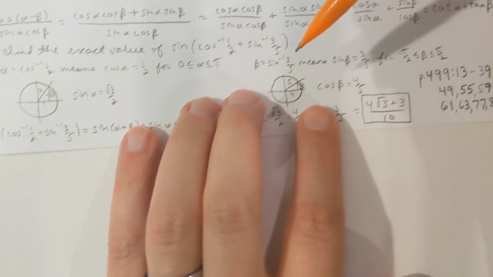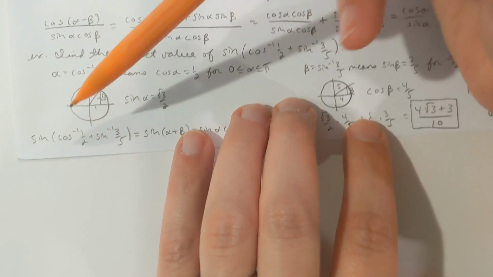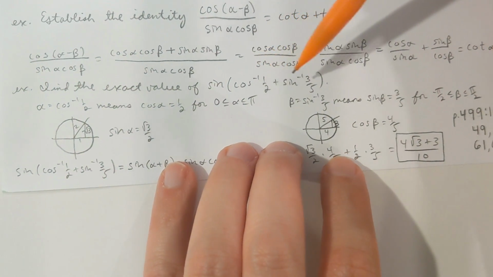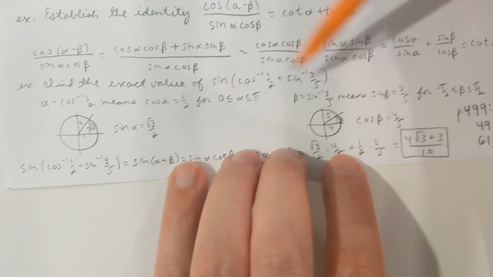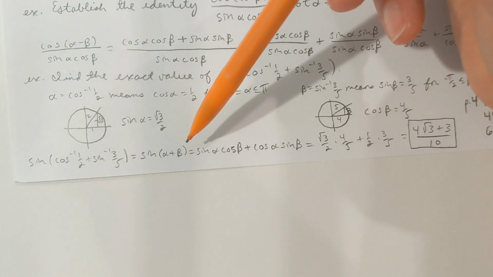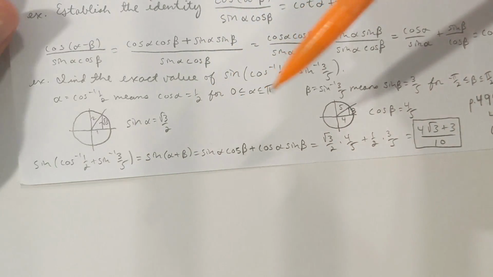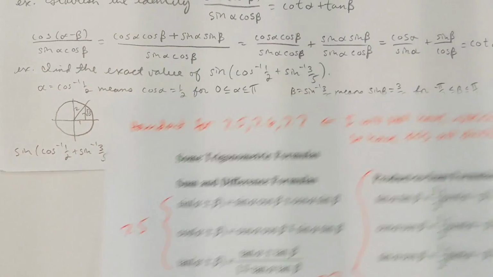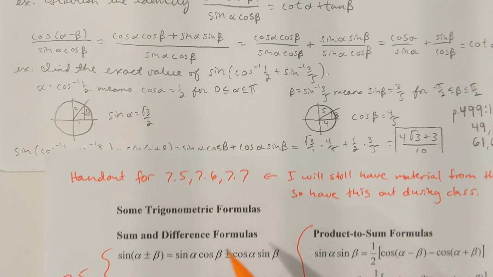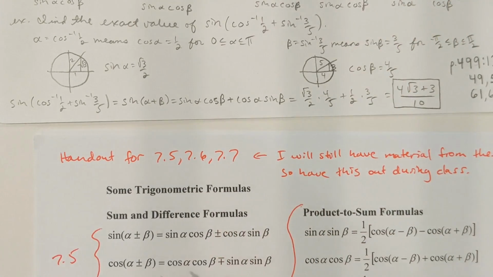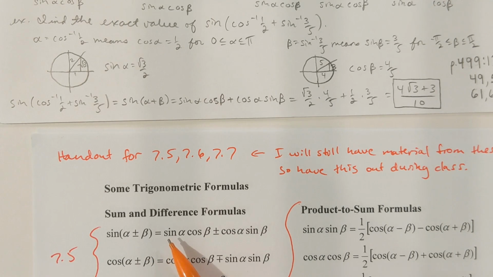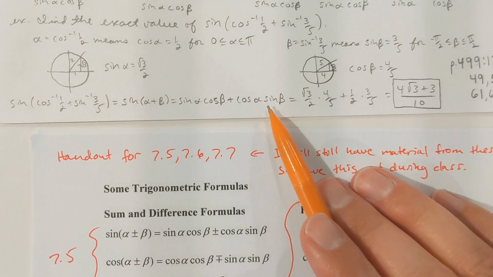Now, I'm ready to compute sine of cosine inverse of 1/2 plus sine inverse of 3/5. So that's the same as sine of alpha plus beta, like I said. We'll be using our sum and difference formula here, the very first one on the sheet. And so I've got that written here.